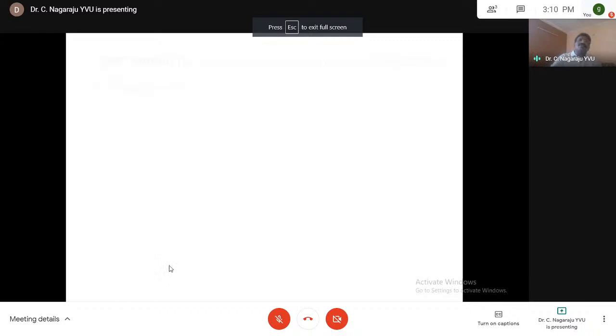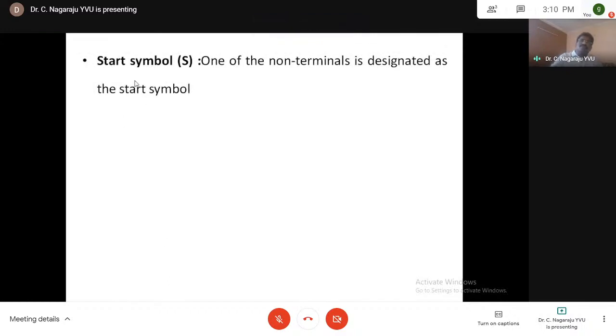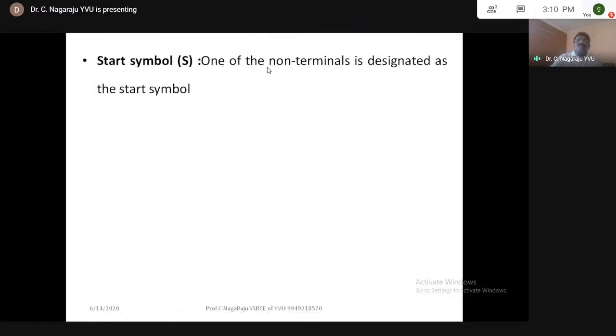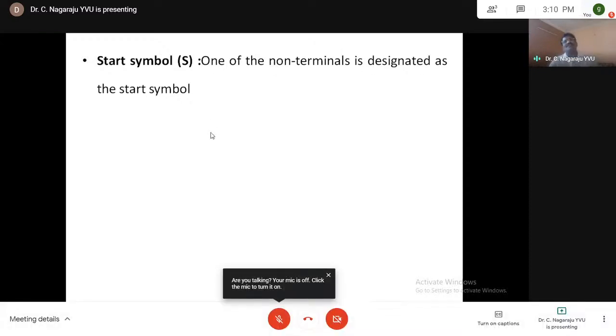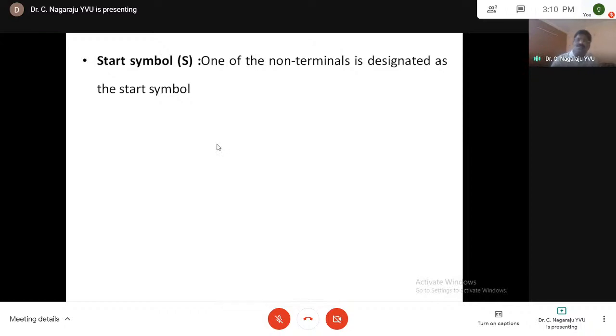Next is the starting symbol. One of the non-terminals is designated as the starting symbol. Generally, in most cases we use S, which means the starting symbol, sometimes called a statement.